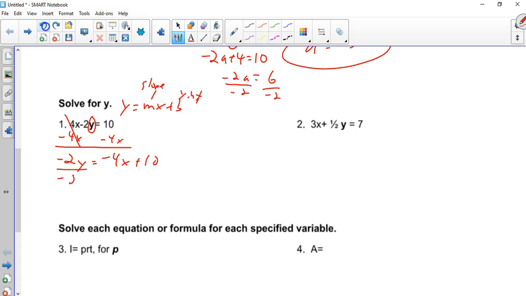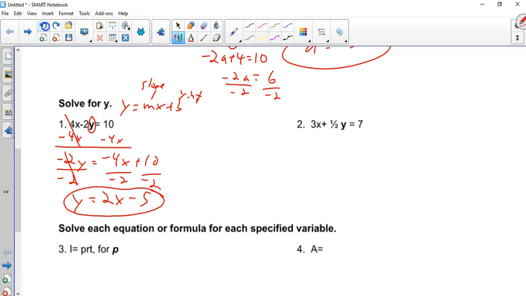And now I divide everything by negative 2. Now, as opposed to the previous problem, I'm not going to get an answer because this equation had 2 different variables. I'm just going to get a different looking equation than the one I started with. They are equivalent to one another, they're just in different forms.